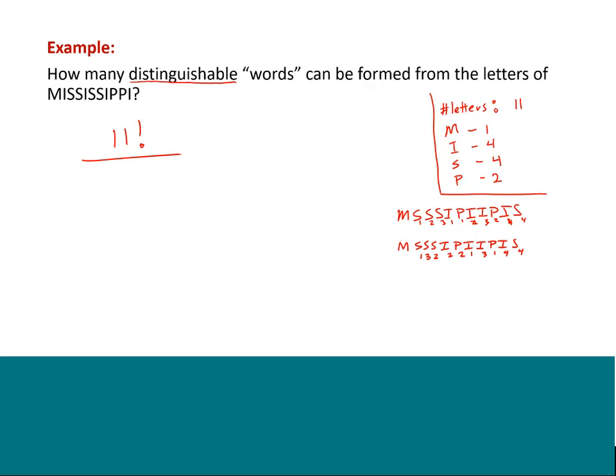That is considered a different word inside of the 11 factorial. Now look at those two words closely, those rearrangements of the letters of Mississippi. Does it actually look like it's two distinguishable words? Should those two guys be counted as two different words in this situation? What do you guys think? Should they be counted as two different words, or should they be counted as the same word?